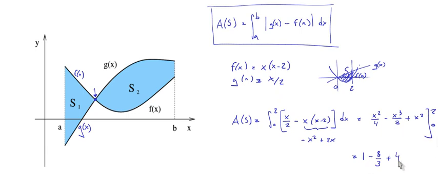So we have 3 thirds minus 8 thirds is minus 5 thirds, plus 12 thirds is 7 thirds. That's the area of that particular figure.